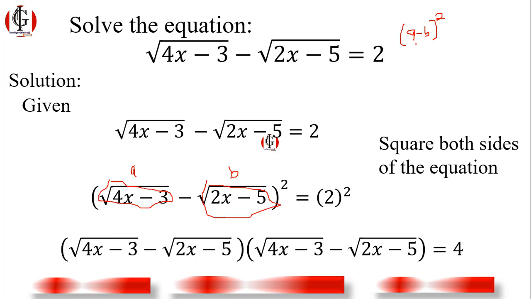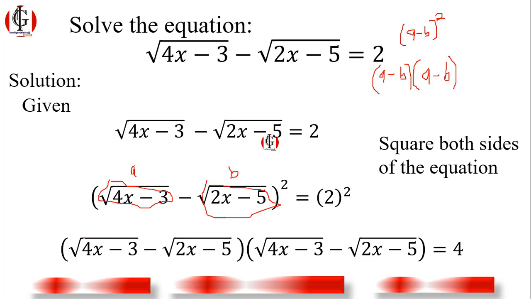If we try to expand this, we are going to have a minus b times a minus b, and that is what we have here.